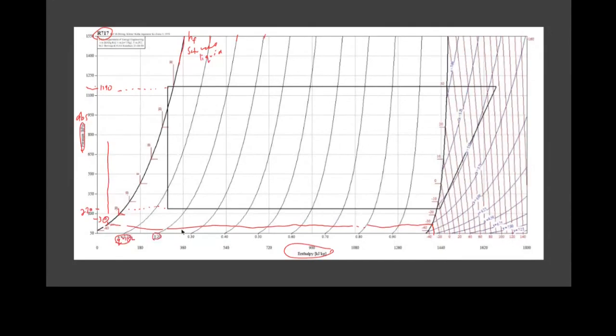And here we've got 20%, and here we've got 30%, on and on and on. You get the idea. These lines of constant quality connect points on the graph that show the same quality. And here we have a line of saturated gas.